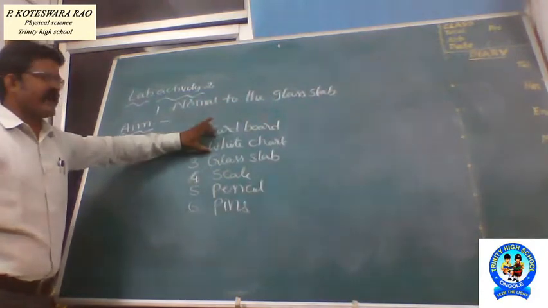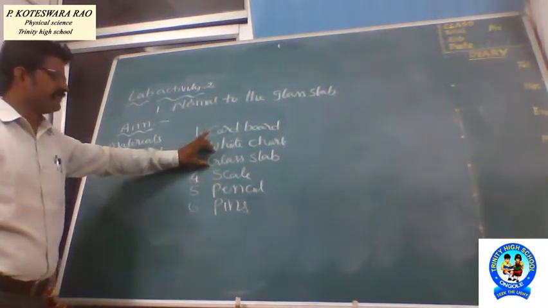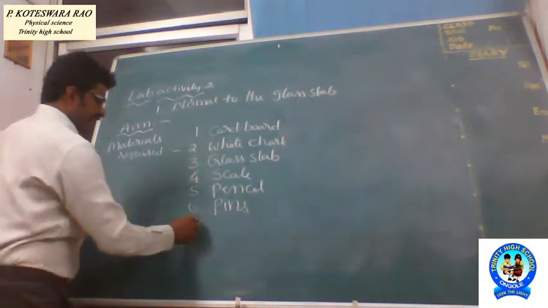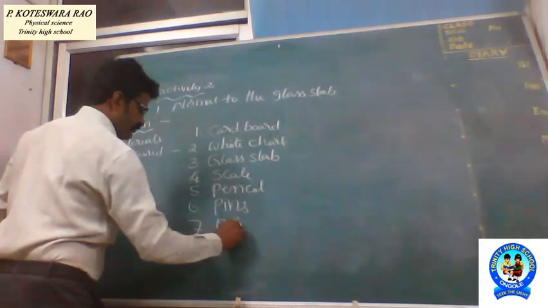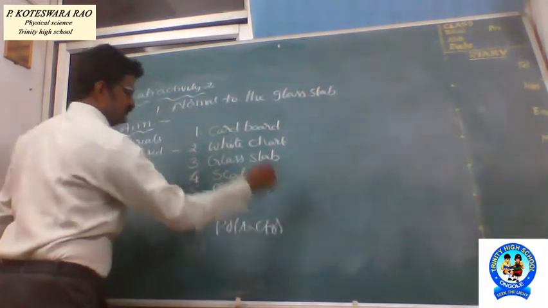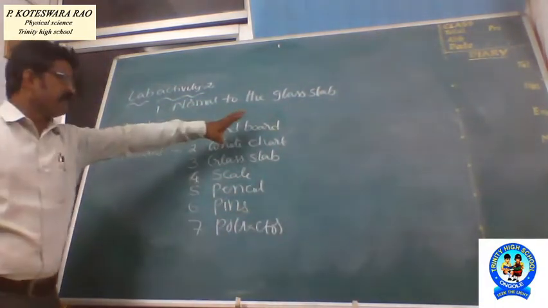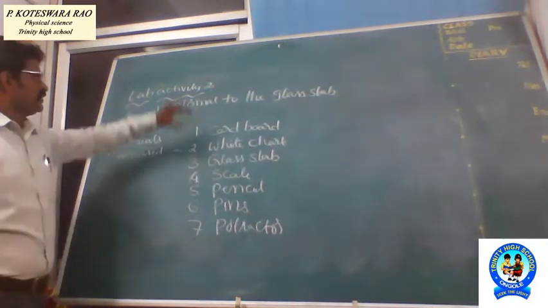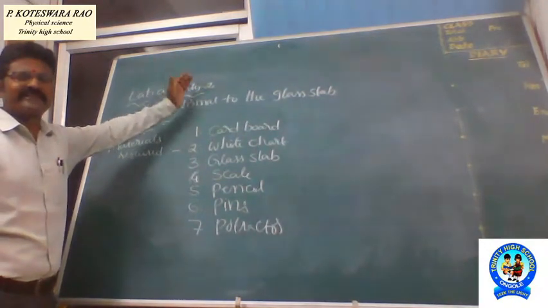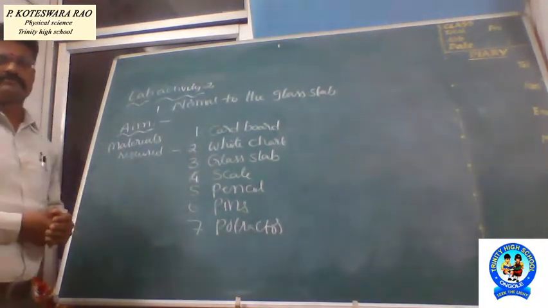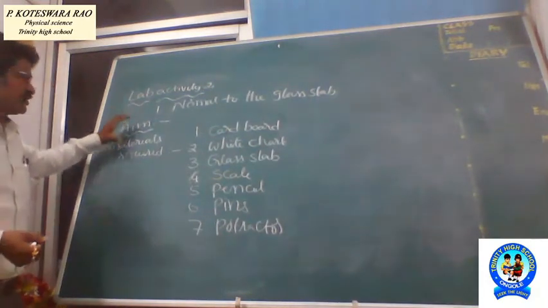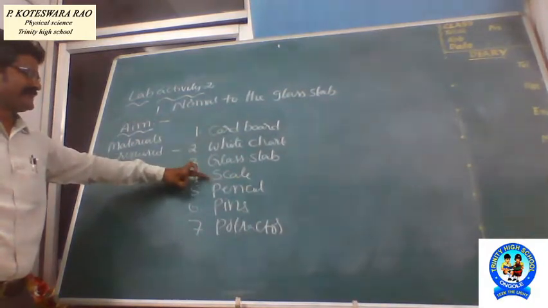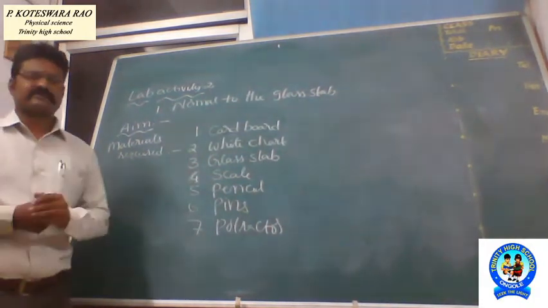Cardboard, white chart, glass slab, scale, pencil, pins, and also a protractor. So these are all the materials required to conduct our lab activity 2. For the demonstration we require cardboard, white chart, glass slab, scale, pencil, pins, protractor.